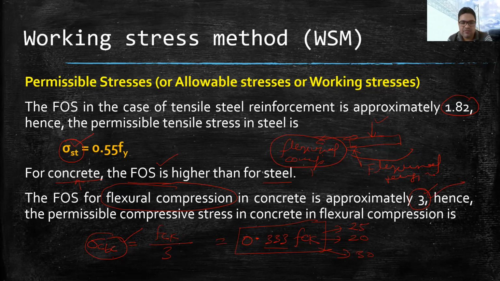So this is how I have calculated the value of sigma CBC. Maybe for direct compression or axial compression, this safety factor will be around 4. So based on the application of the load or the behavior of the load, the value of factor of safety may be different for the concrete.